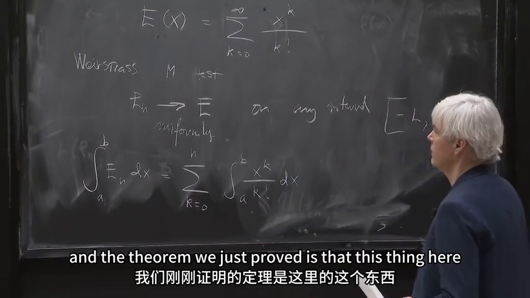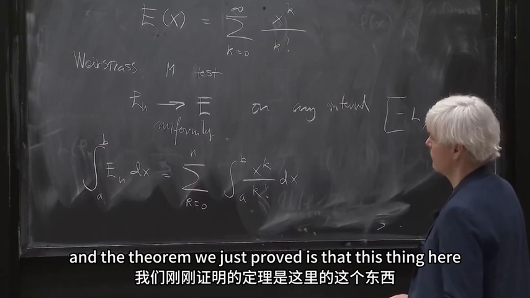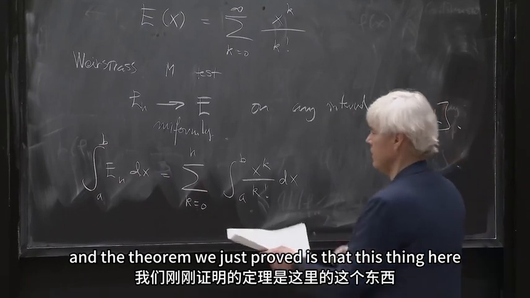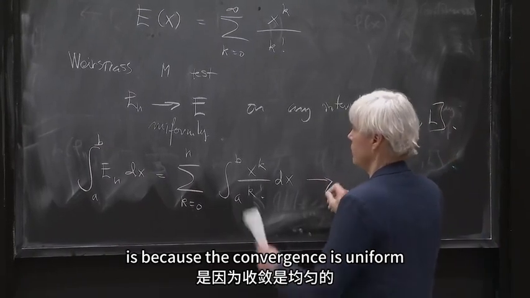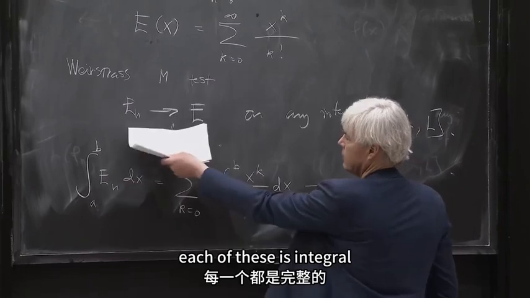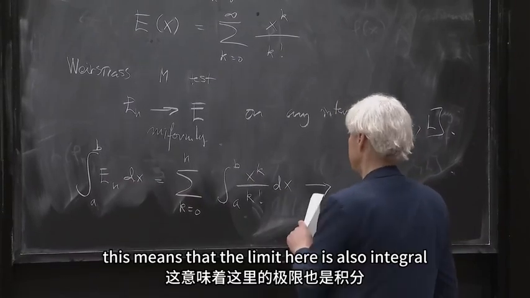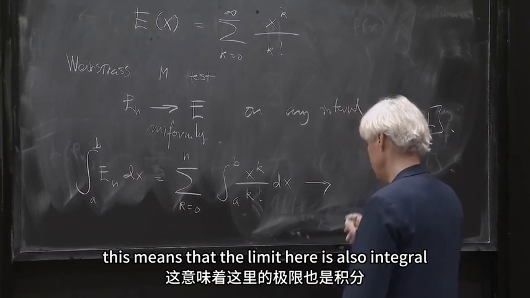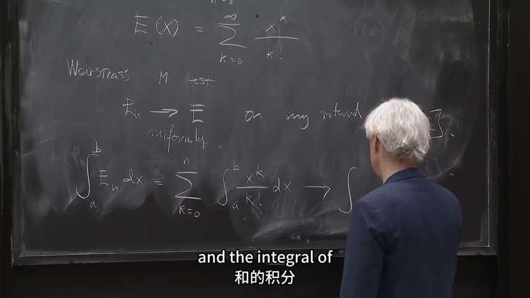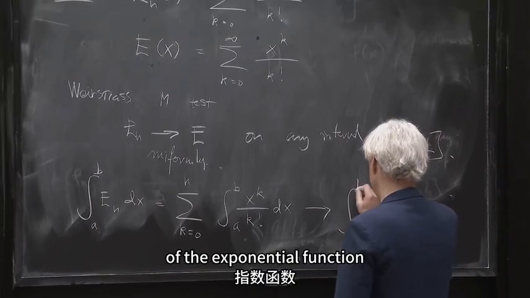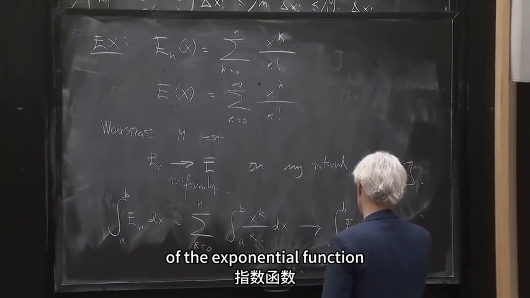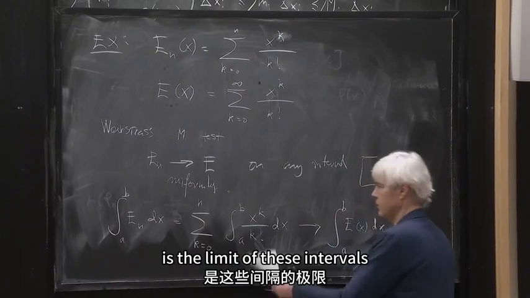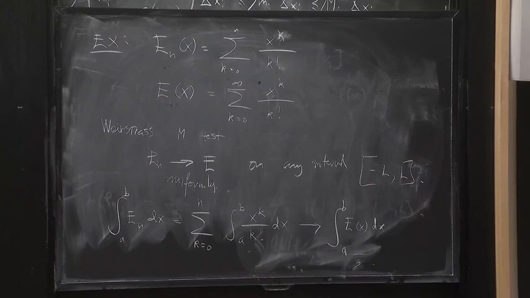And the theorem that we just proved says that because the convergence is uniform, each of these is integrable. This means that the limit is also integrable, and the integral of the exponential function is the limit of these integrals, right?